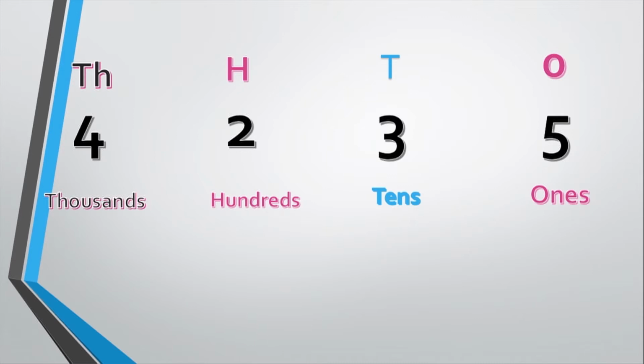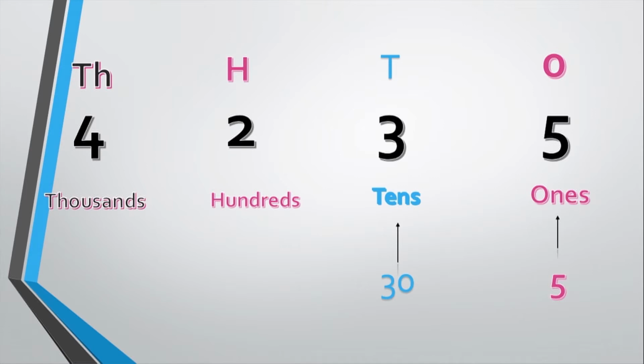So now that we've broken down the number, we're going to talk about the value. So the 5, which will be the first number dealing with, is in the ones place. So it's 5 ones, and that 5 ones will be 5. Simple. 1, 2, 3, 4, 5. The 3 in the tens place carries the value of 3 tens, and we spoke about it before. That would be 30. So we have 2 more to work out now.